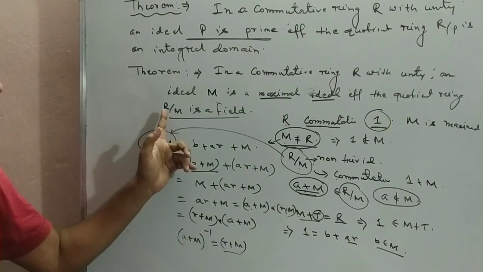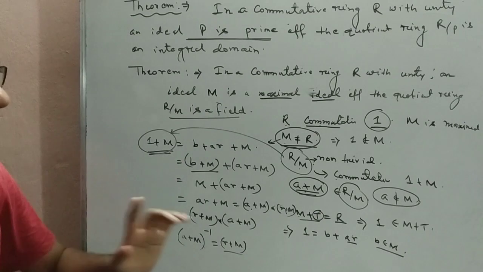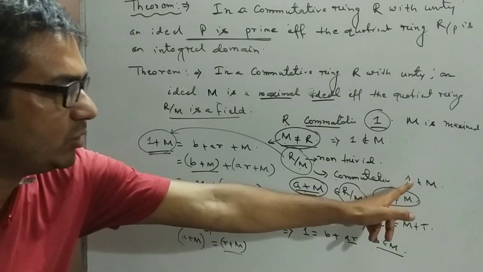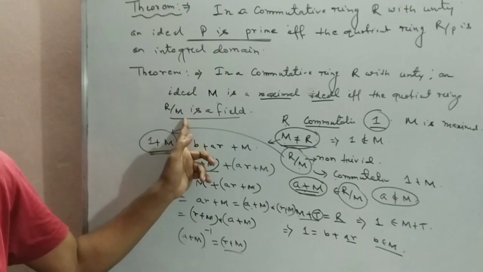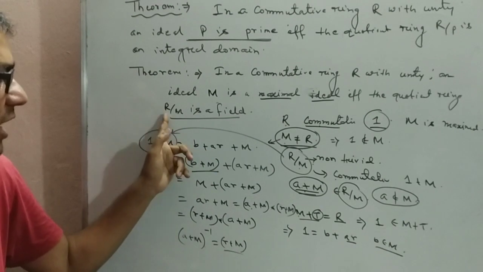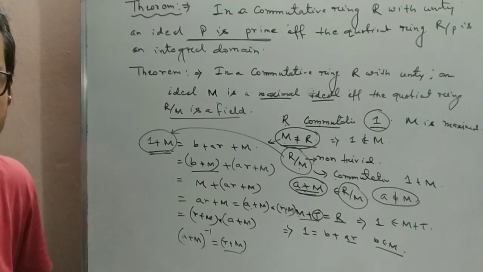So it is commutative, it contains unity, and every element is a unit, that is, R by M is a field.